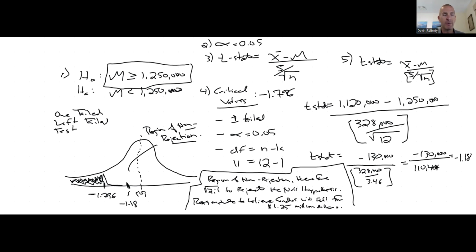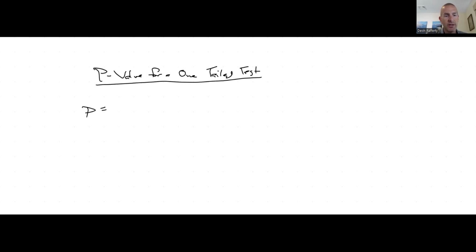Let's see how we calculate those now. The p-value for a one-tailed test is just 0.5 minus the area associated with the test statistic.